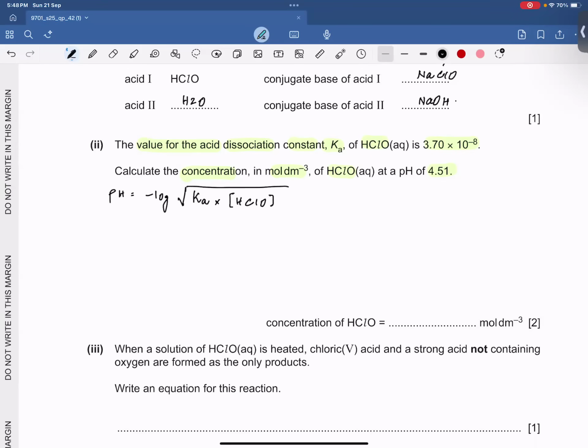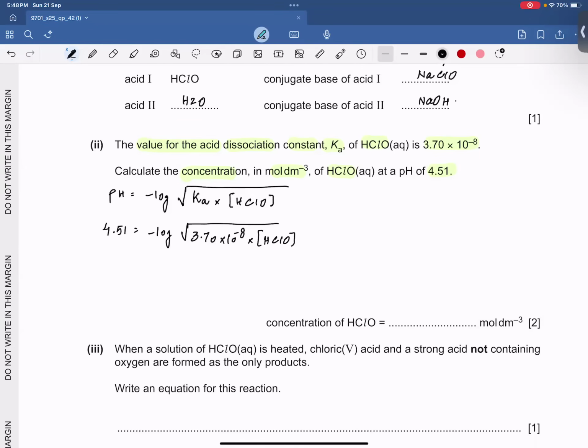We know the value of pH, which is 4.51, equals minus log under root Ka. Ka is already given in the question paper, which is 3.70 into 10 to the power minus 8. And we need to find out the concentration of chloric 1 acid.